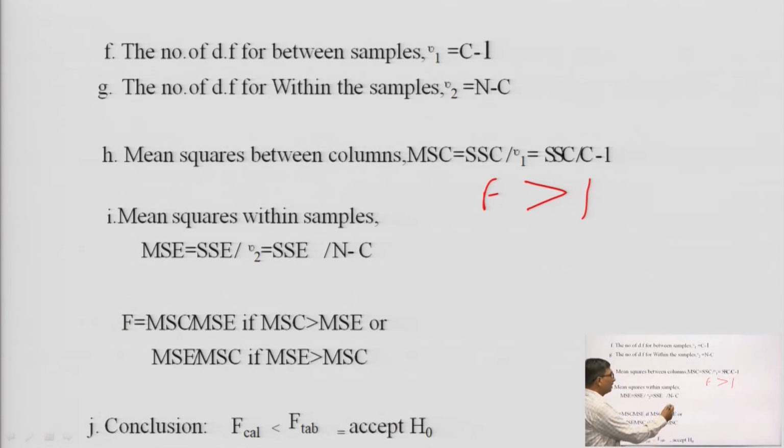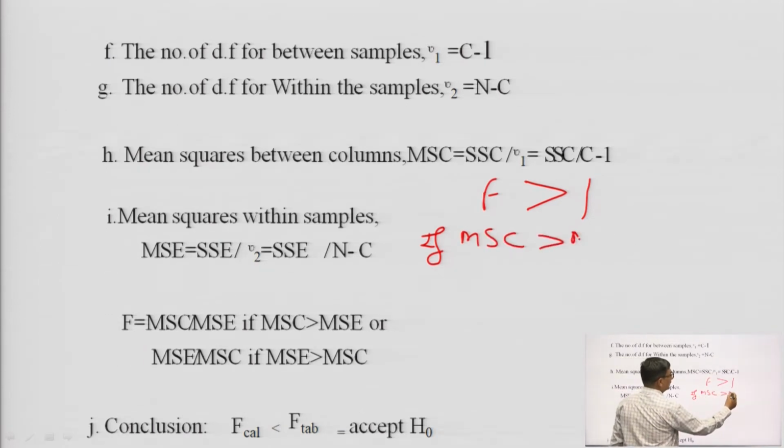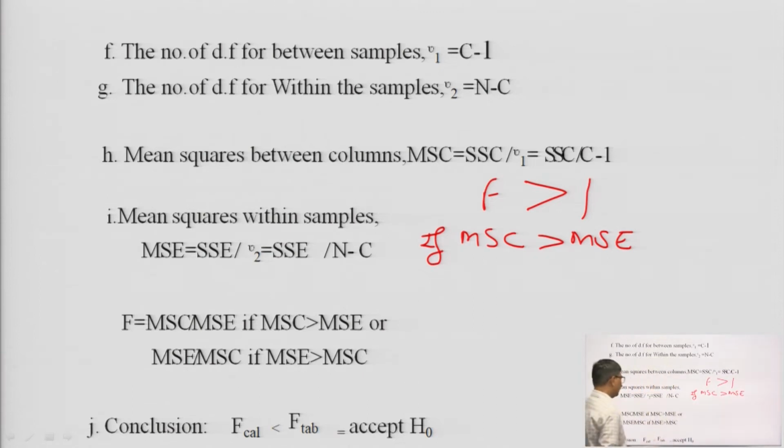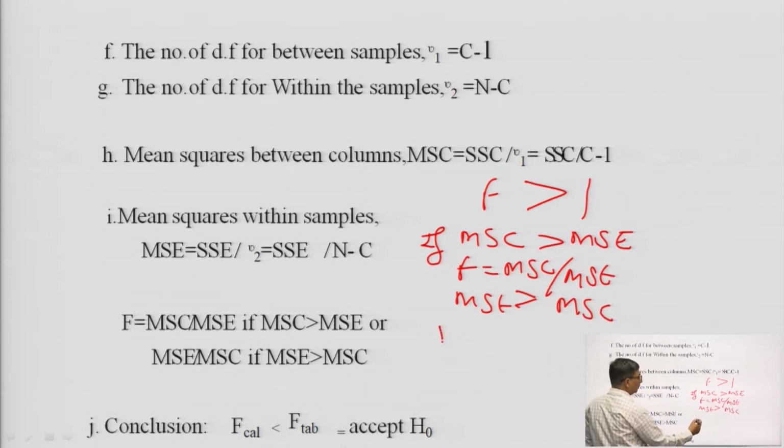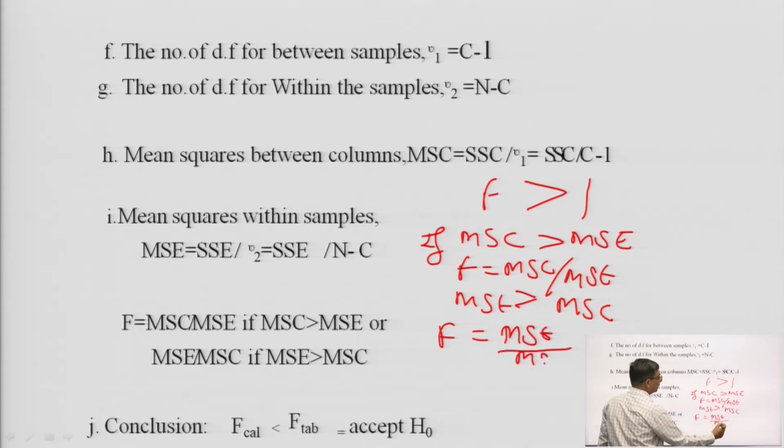So, if MSC is greater than MSE, then you apply F equal to MSC upon MSE, while if MSE is greater than MSC, the mean sum of squares between sample, then you apply F equal to MSE divided by MSC, because the value of F is always greater than 1.